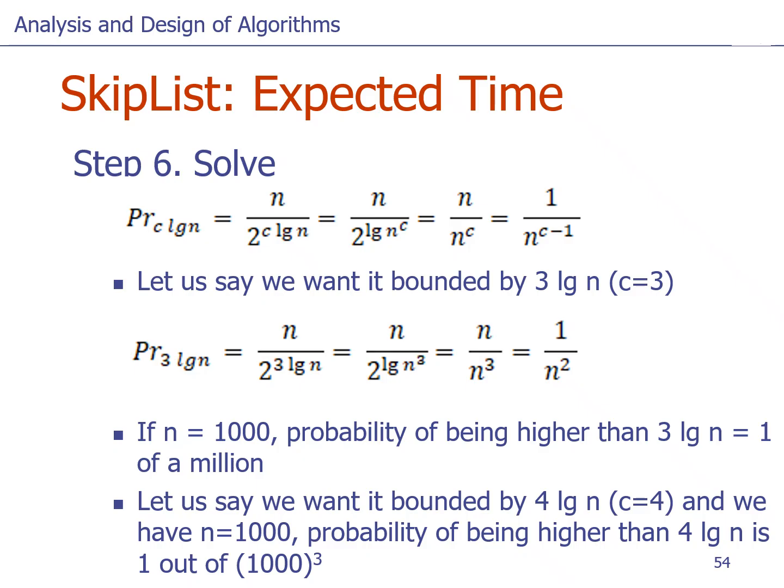Now, if you go up one line to the first line in the slide, it says the probability of some element, at least one element, going up to c log n. Why do I have a constant? Because our skip list is not perfect log n. We have seen that in many examples. It's a log n multiplied by some constant.